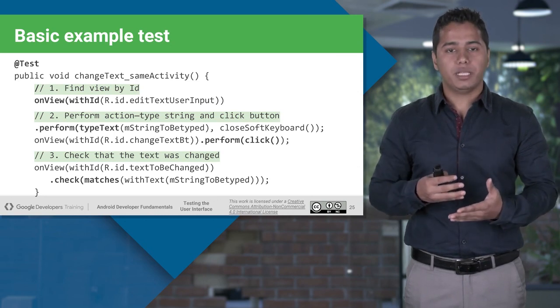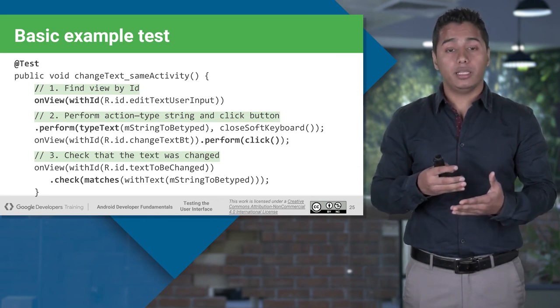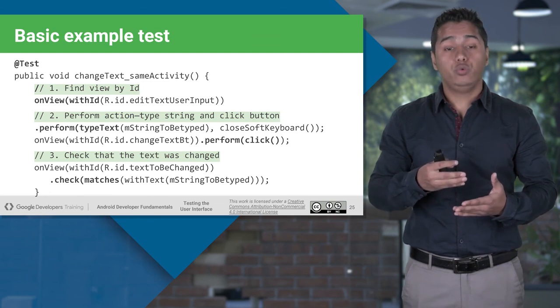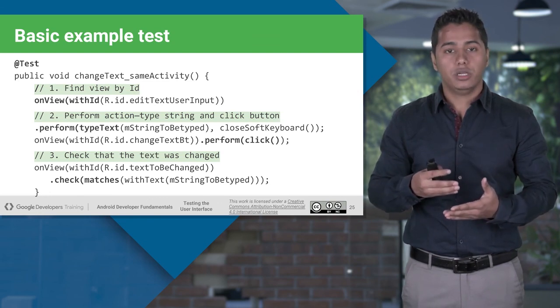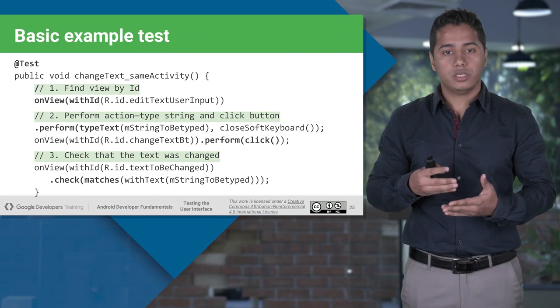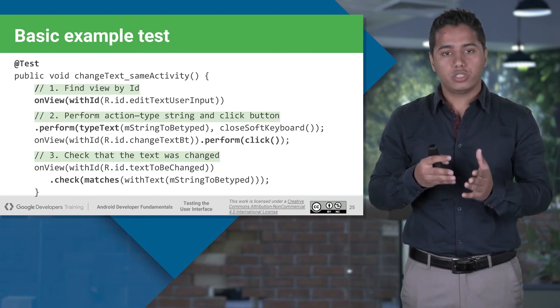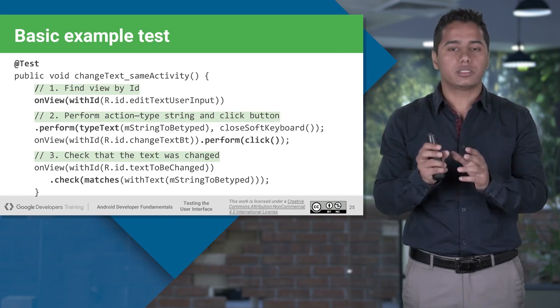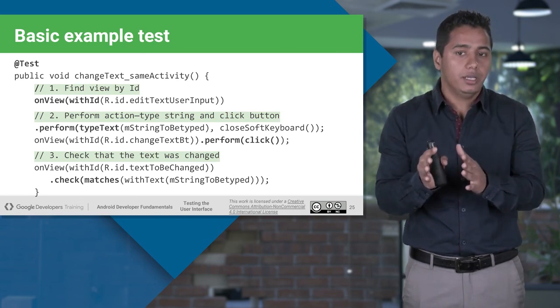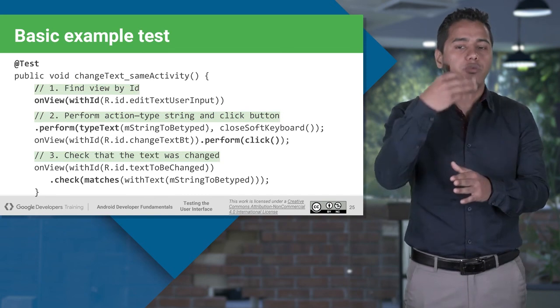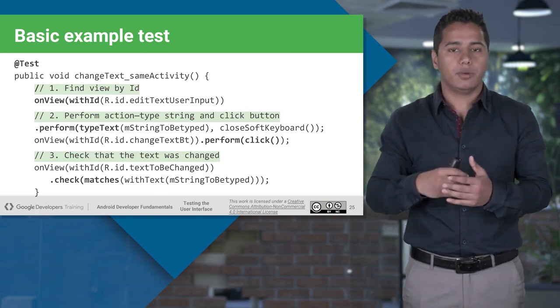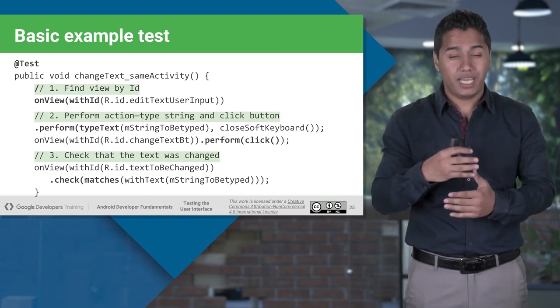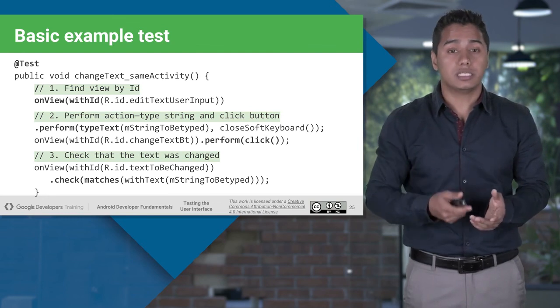Now dot check is the method which will be checking, and inside that is a view assertion, in which I'm checking matches. What exactly am I checking? Matches the text. Whatever text I'm passing here, that text will be checked with my UI inside my activity. If they both match, then only the test will pass. Otherwise, the test will fail.